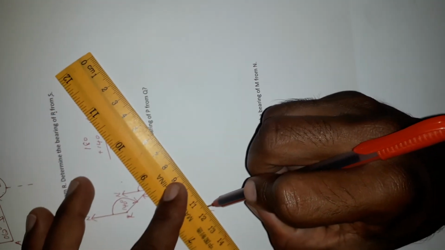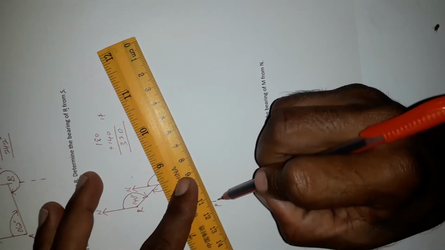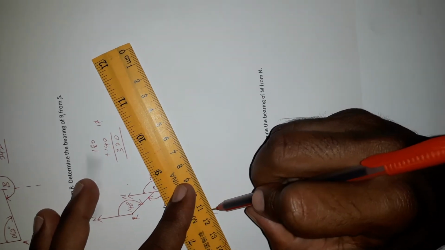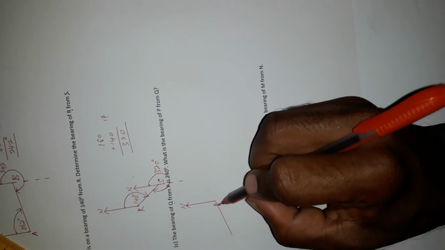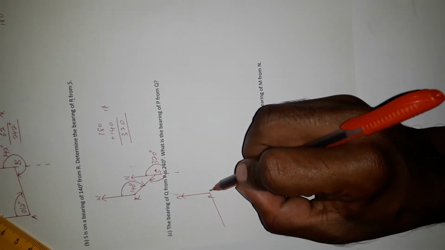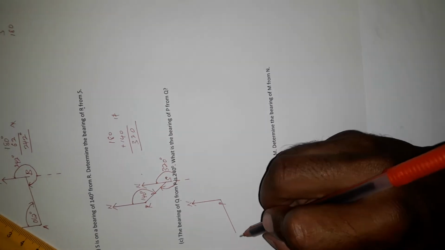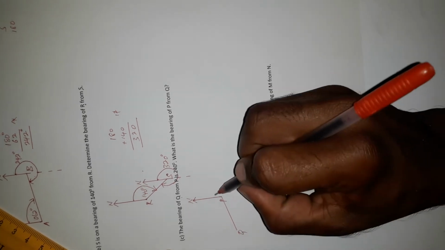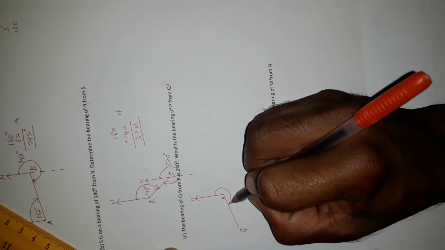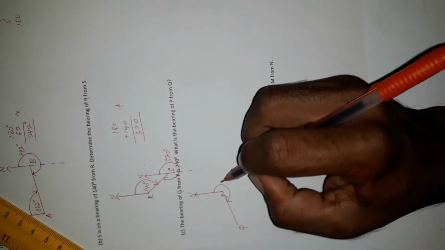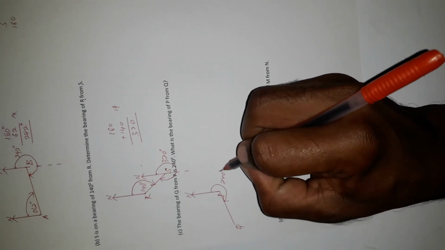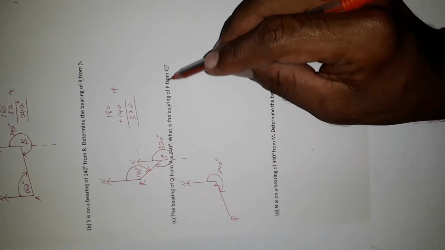So let's see, my 240. Okay, a good way, I should have erased P and put it there. Anyway, no problem. Good, so P, I put Q there. So here we have how much? 240 degrees. What is the bearing of P from Q?